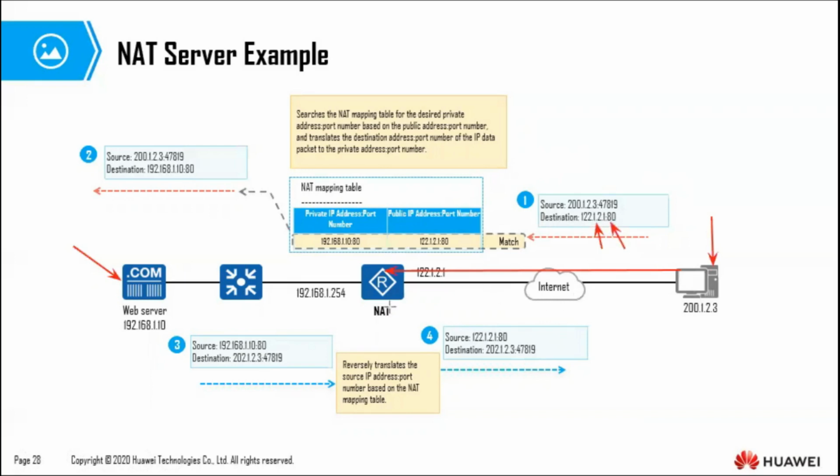When our egress device receives that packet, it's going to look at its NAT mapping table and see that if you've come in with that, we are going to translate you to 192.168.1.10, then port 80. Then it's going to send it to the internal network, and finally it's going to land on the web server.